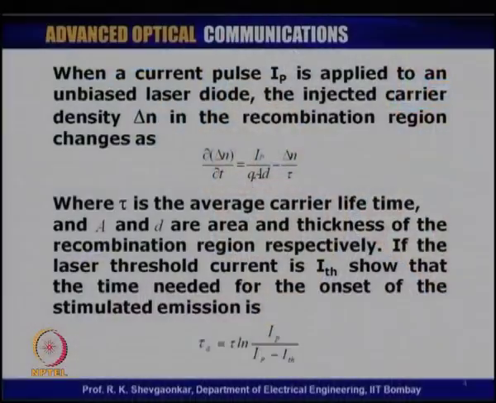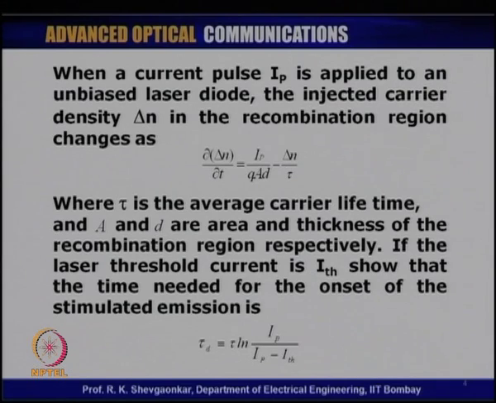So, the problem is when a current pulse IP is applied to an unbiased laser diode. Unbiased means that when the pulse is not applied, the current injected inside the laser diode is 0. The injected carrier density delta n in the recombination region changes as d by dt of delta n is equal to IP divided by QAD, where Q is the electronic charge, A is the area of cross section, D is the depth of the active region.